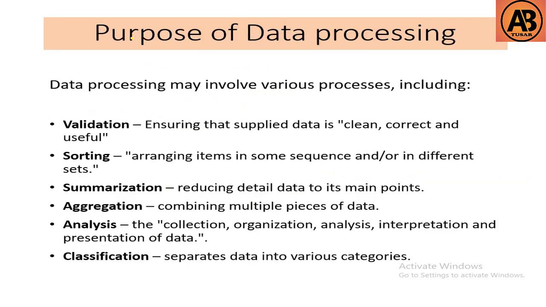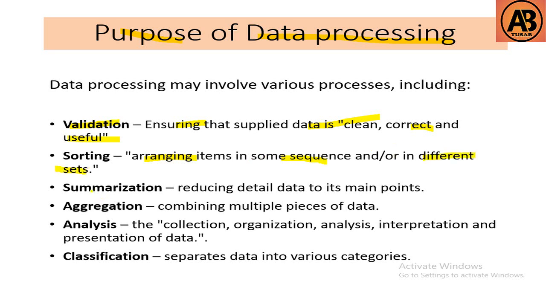Then purposes of data processing. What are the purposes? Such as validation. Validation means ensuring that supplied data is clean, correct, and useful. Then sorting. Sorting means arranging items in some sequence and/or in different sets.